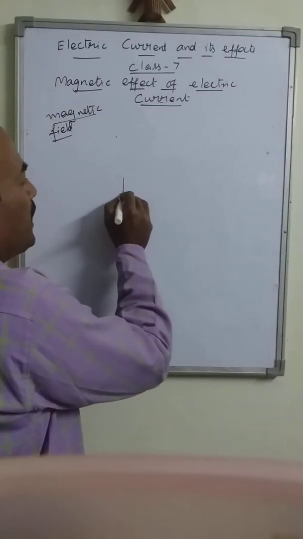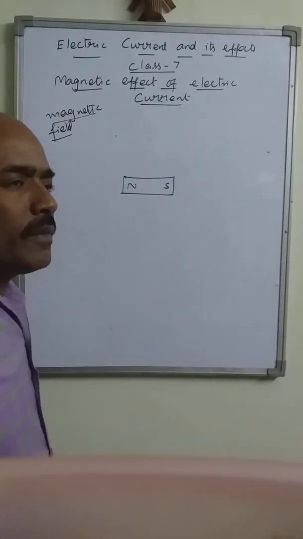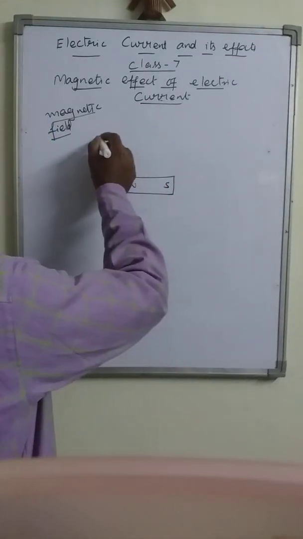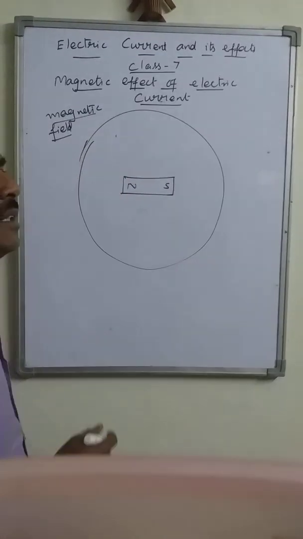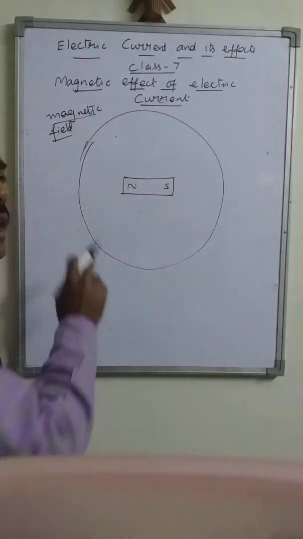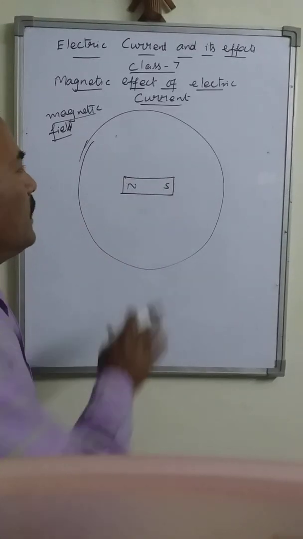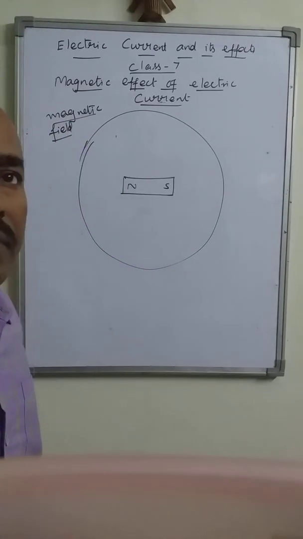Suppose this is a bar magnet, north, south, and it develops the space around it. Within this space, it is able to influence other magnetic material. That space is known as magnetic field.